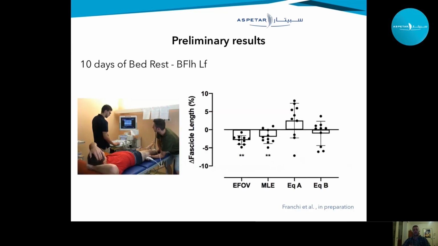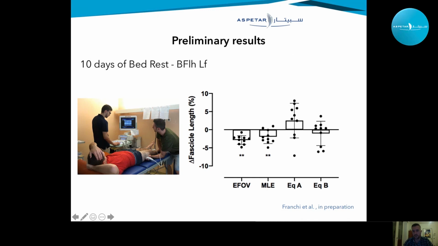And actually, this is the first time I'm presenting this. These are preliminary results from a 10 days bed rest study. So we looked at the changes in biceps femoris long head fascicle length, because I thought it was quite interesting from a clinical point of view, and I'll explain why in the next slide. But what we showed here is that if you use the panoramic method or the manual linear extrapolation, you see a small but significant reduction in fascicle length after only 10 days of bed rest.